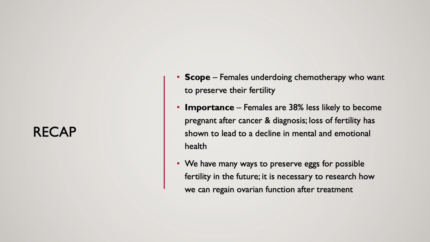This research is very important because females are 38% less likely to become pregnant after a cancer diagnosis. It has also been shown that a loss of fertility can lead to a decline in mental and emotional health.